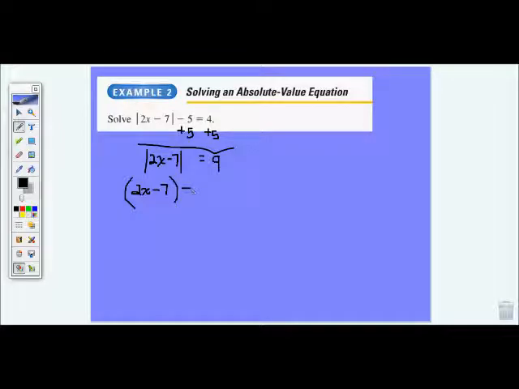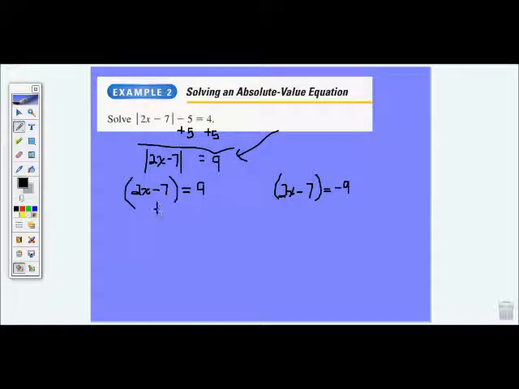That phrase is either equal to 9 or 2x - 7, that phrase, it's going to be in the absolute value, could also be equal to -9, because inside the absolute value it could be equal to -9, and the absolute value would then change it to a positive 9, like our original simple equation right here.